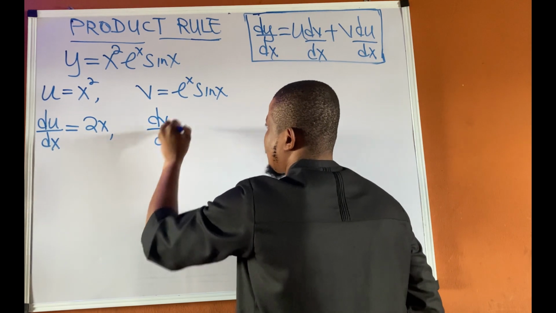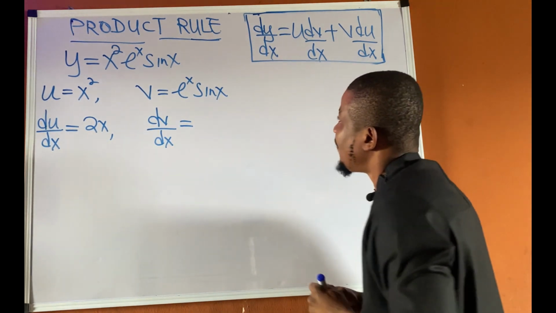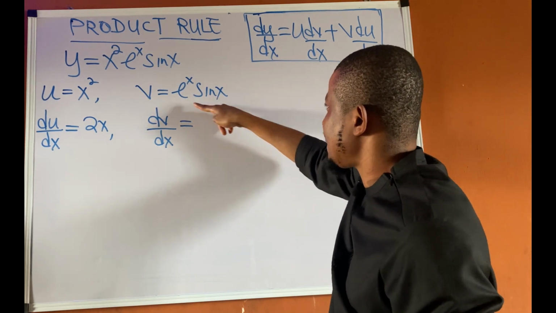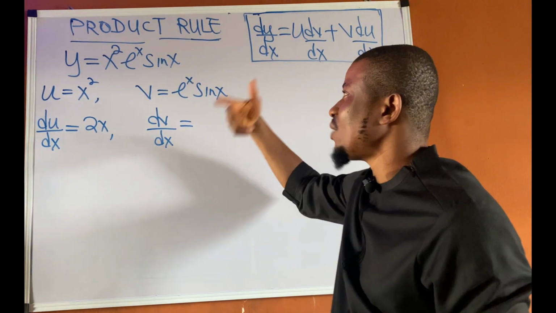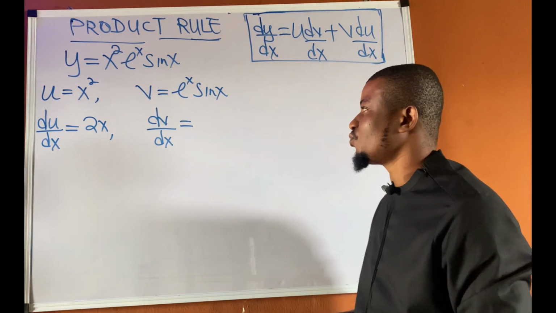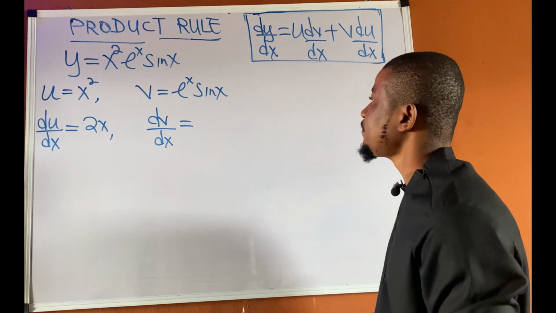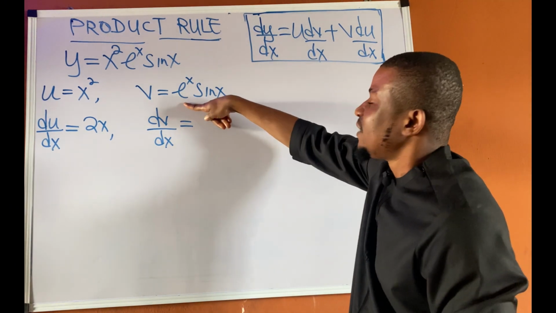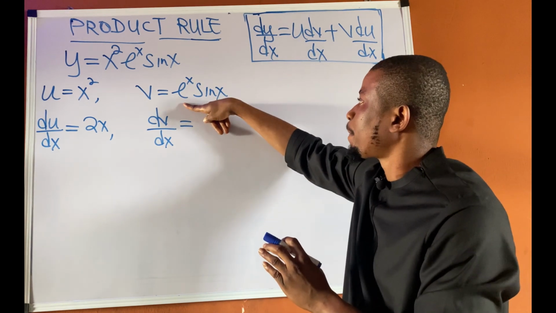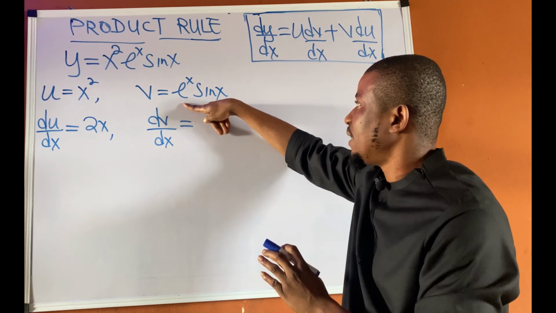Now, if you look at this, our function v, we see 2 functions multiplying, exponential x and sine x. And we know we need to apply product rule because whenever you see 2 functions multiplying, you must apply product rule to differentiate them. Now, we will apply product rule directly here.